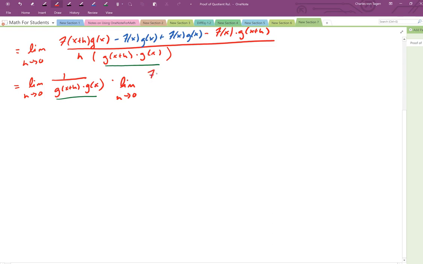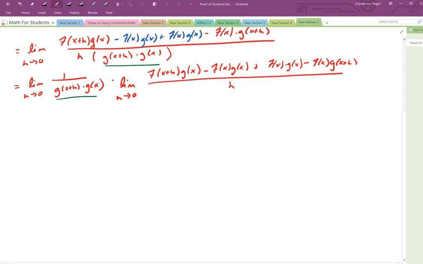This gives me f of x plus h times g of x, minus f of x g of x, plus f of x times g of x, minus f of x times g of x plus h, all over h.